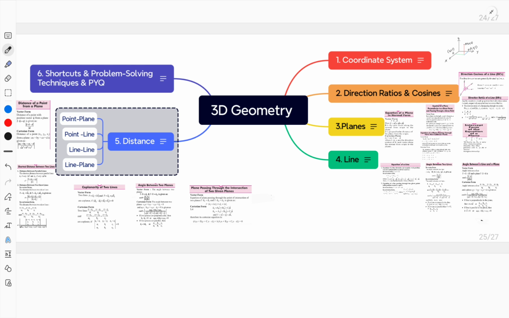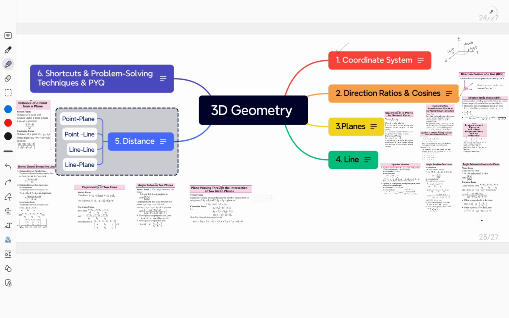The moment we think of three-dimensional geometry, we need to talk about the coordinate system. Then we discuss direction ratios and cosines. Then we will be talking about planes, then lines, and then the distance between point and line, point and plane, line and line, line and plane.